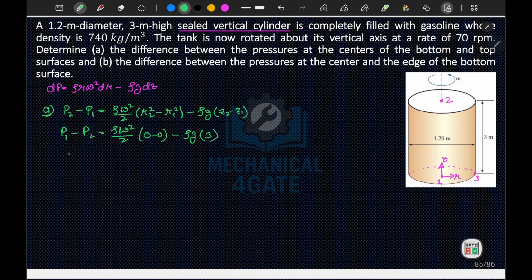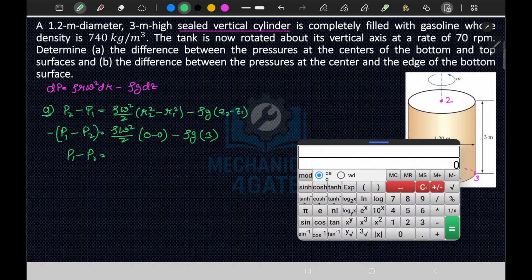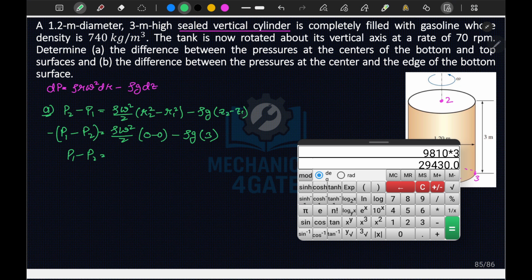So P1 minus P2 is equal to rho g times 3, that is 29.43 kilopascal.